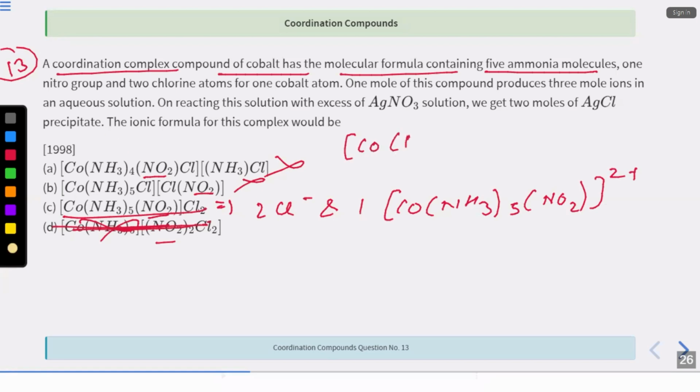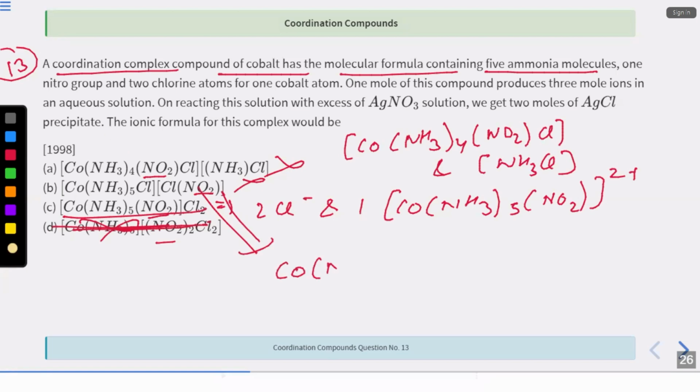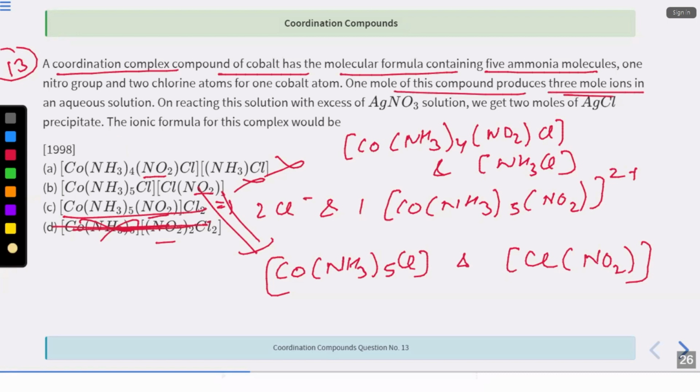One is Co NH3 4 NO2 Cl and other is NH3 Cl. Only 2 ions. Similarly, this will also give you 2 ions only, Co NH3 5 Cl and Cl NO2. So these two will give you 2 ions only, and the compound is saying that 1 mole of this compound produces 3 mole ions. So only C is the right option.